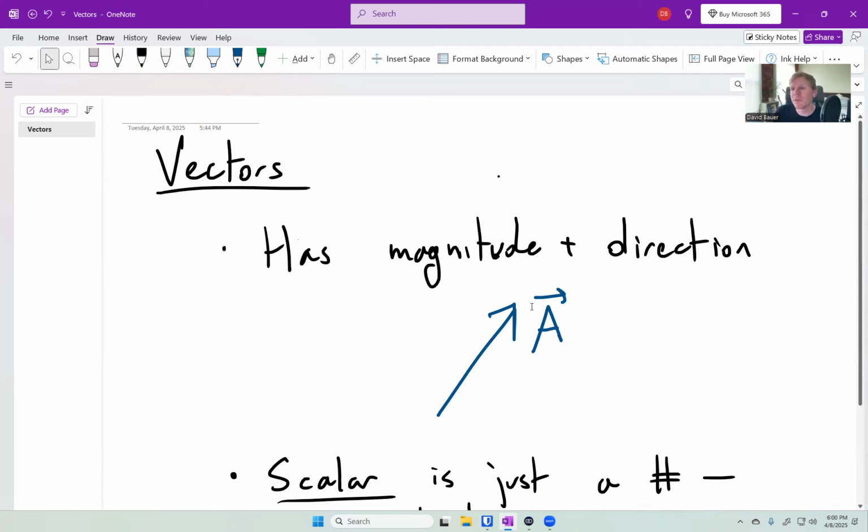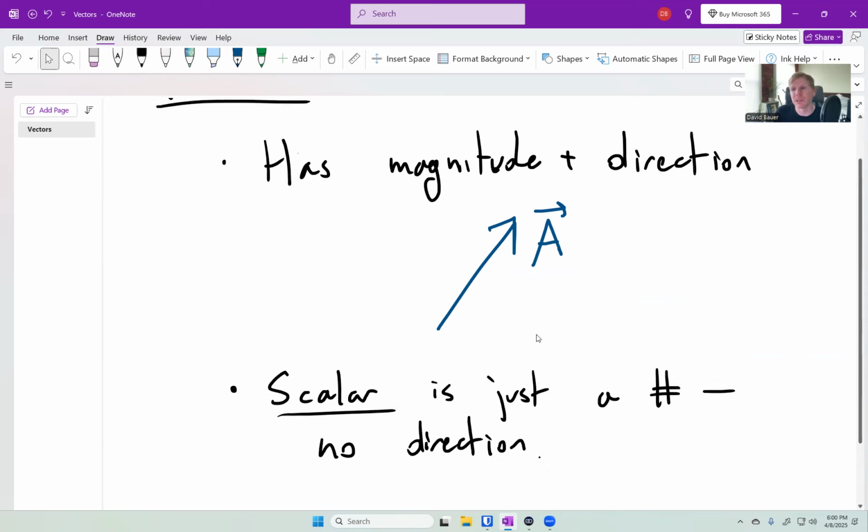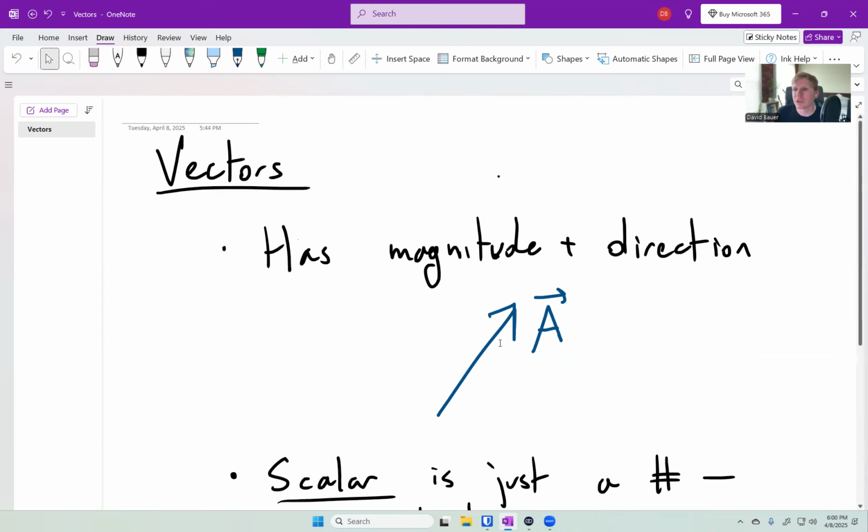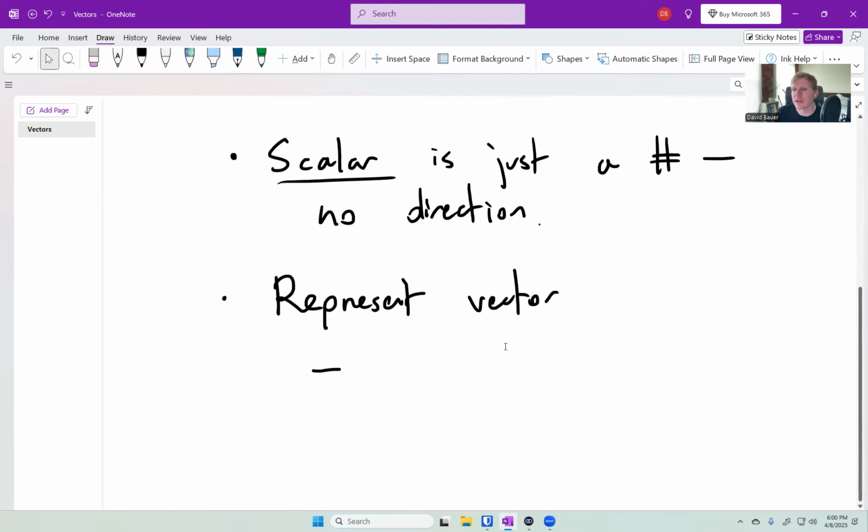All right, now we can represent a vector graphically by an arrow like this. How do we actually write down, as a formula, a vector? There's two different ways we can represent a vector. One is, since we know a vector is a quantity with a magnitude and a direction, we can just give the magnitude and the direction.